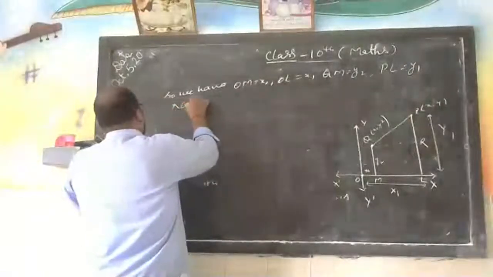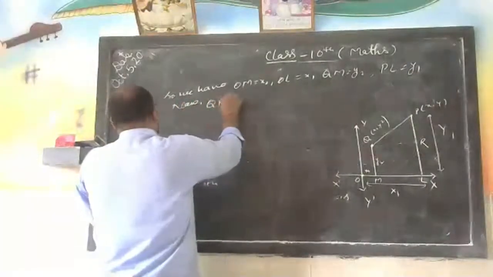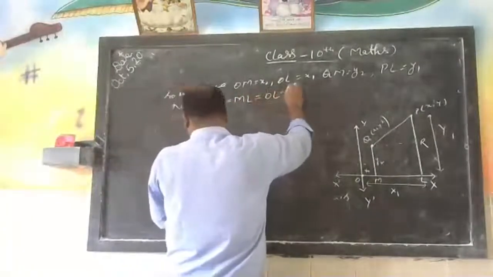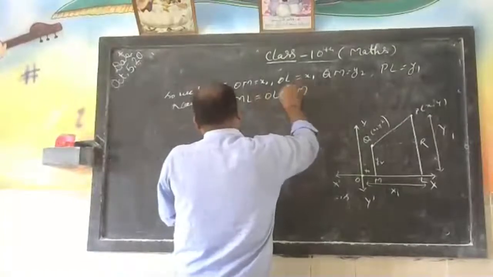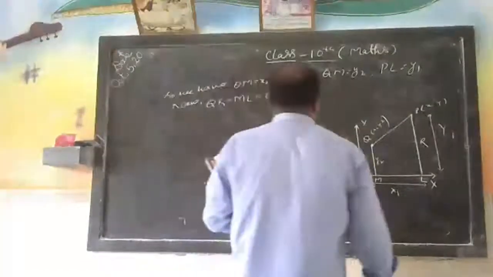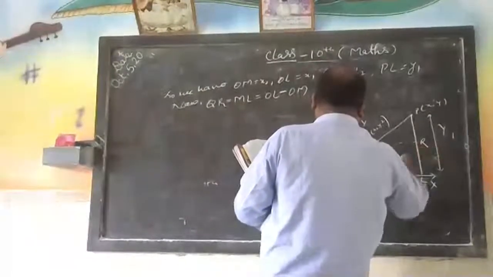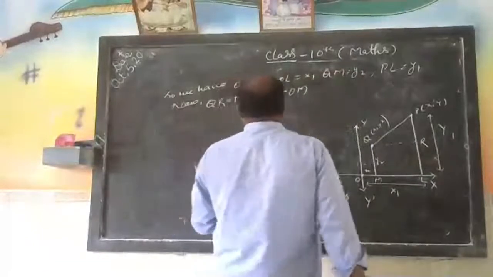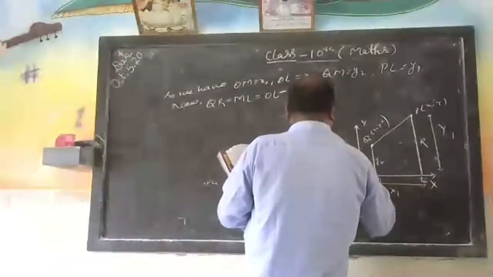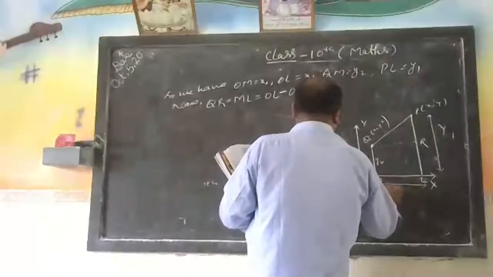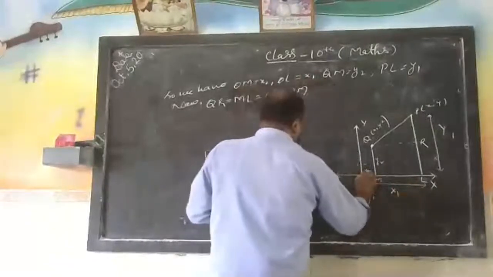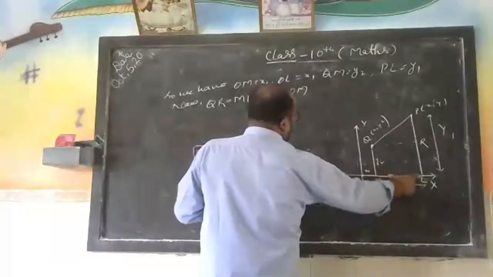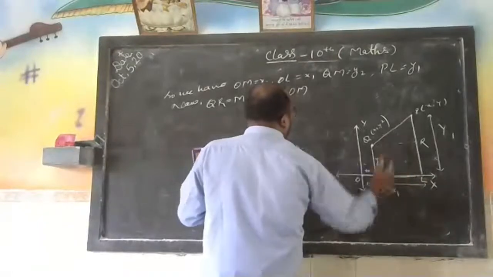Now QR is equal to ML, which is OL minus OM. Just we draw Q to R. We subtract OM from OL to find ML, and this ML is equal to QR.